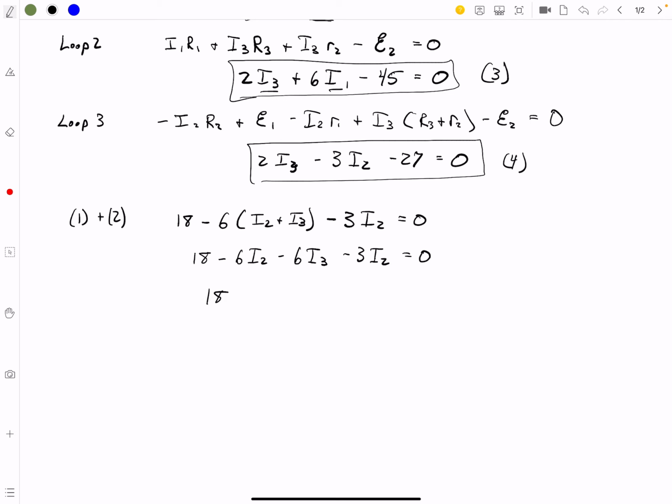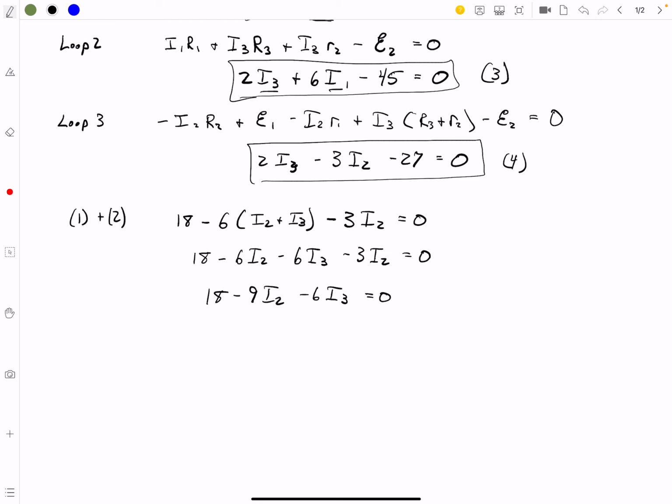We have 18 minus 9I2s minus 6I3s, and that equals 0.